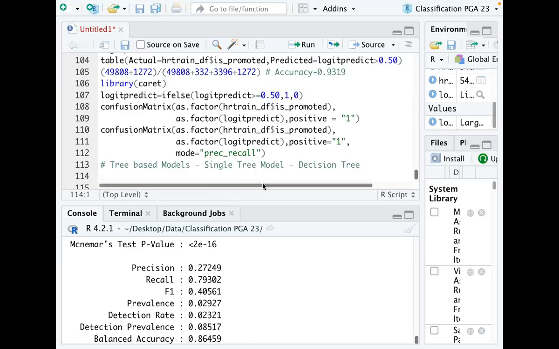So tree-based models, single tree model, decision tree. It's both a classification and regression model.